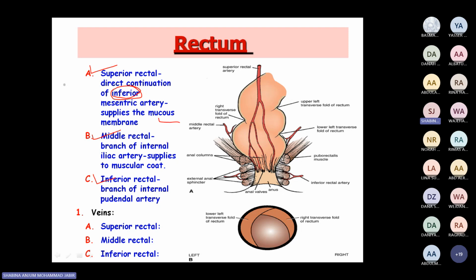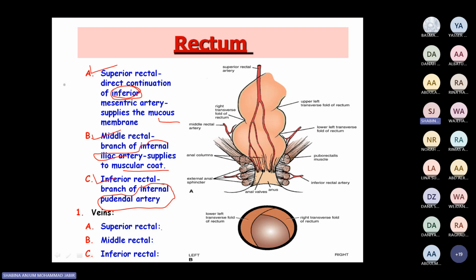The middle rectal artery is a branch from the internal iliac artery, and it will mainly supply the muscular coat. The inferior rectal artery comes from the internal pudendal artery. So you must know that there are three arteries with three different sources.